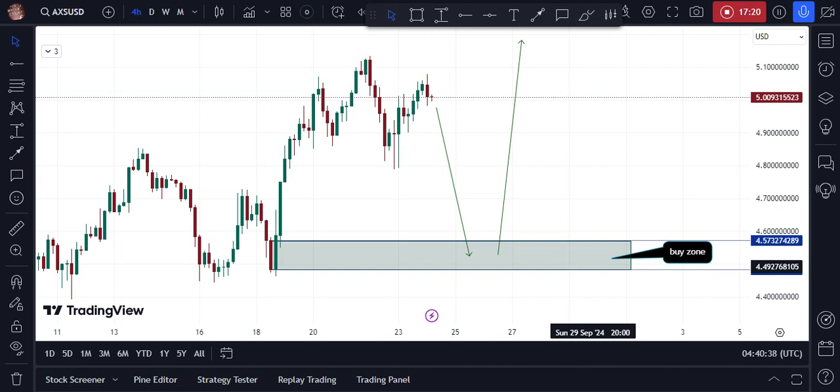Because if you can get 30x on $5, that will be 31 times 5, so that will be $155, and that will be a $150 profit.